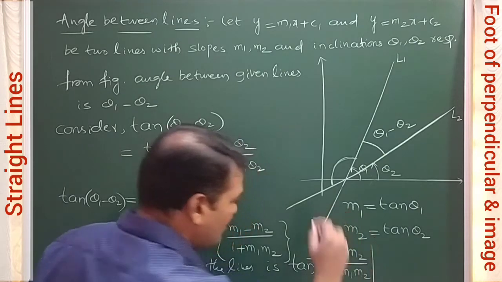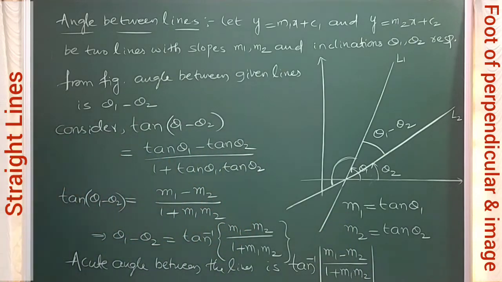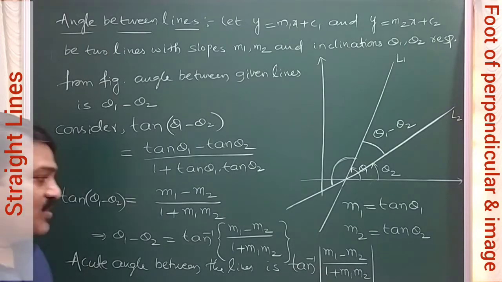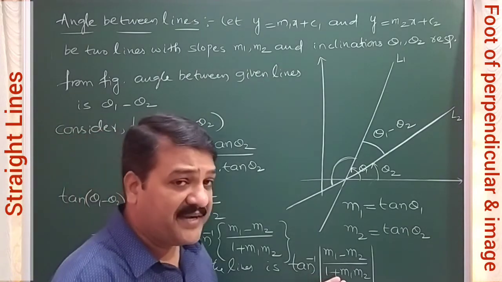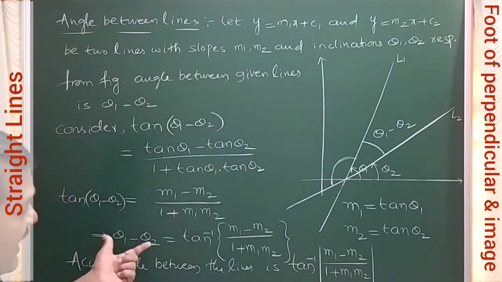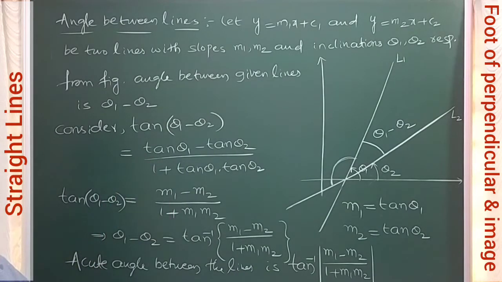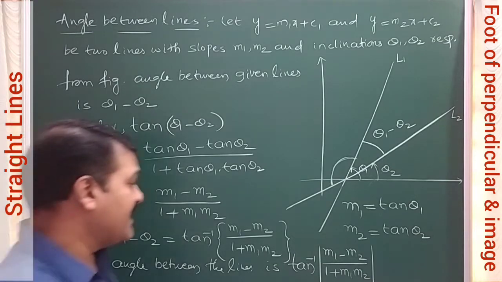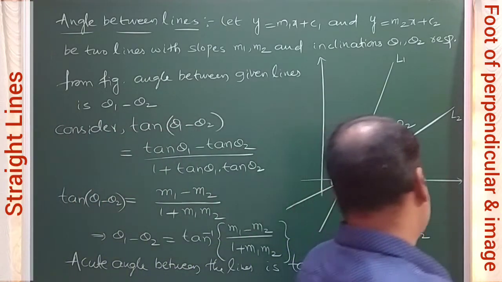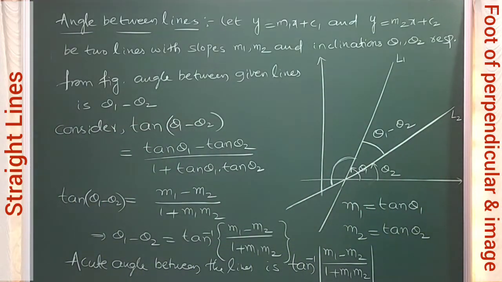So when you want acute angle, this is the formula we have to use. Because this is definitely a positive quantity, whatever angle you get will definitely be a positive angle. So the acute angle between the lines can be measured using this formula.